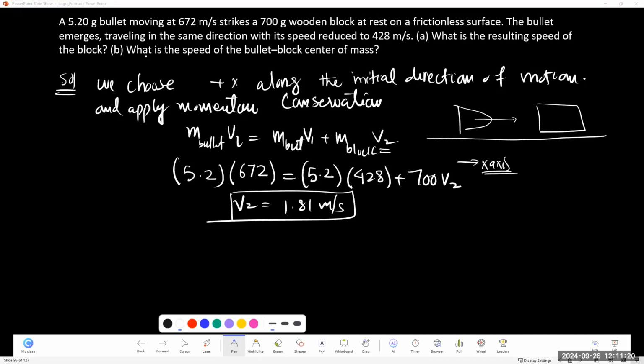Part B is asking what is the speed of the bullet-block center of mass. So we need to calculate the B case. It is a consequence of the momentum conservation.